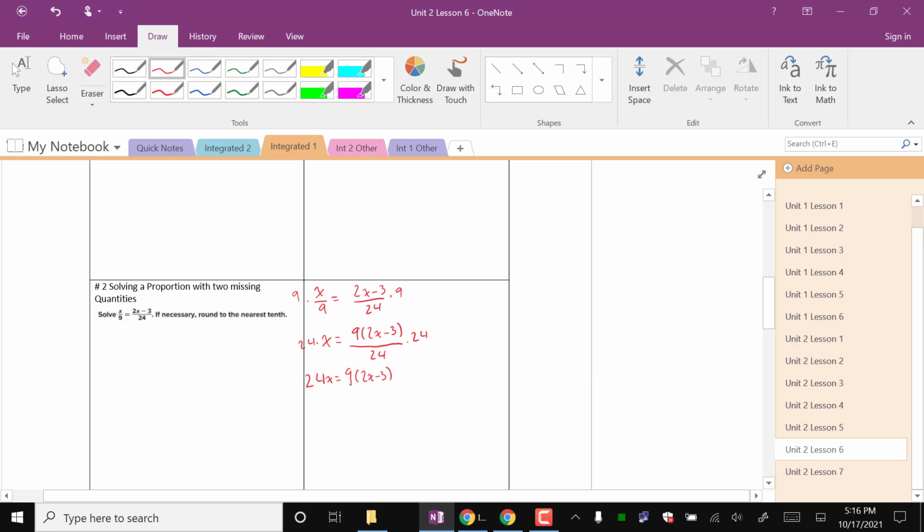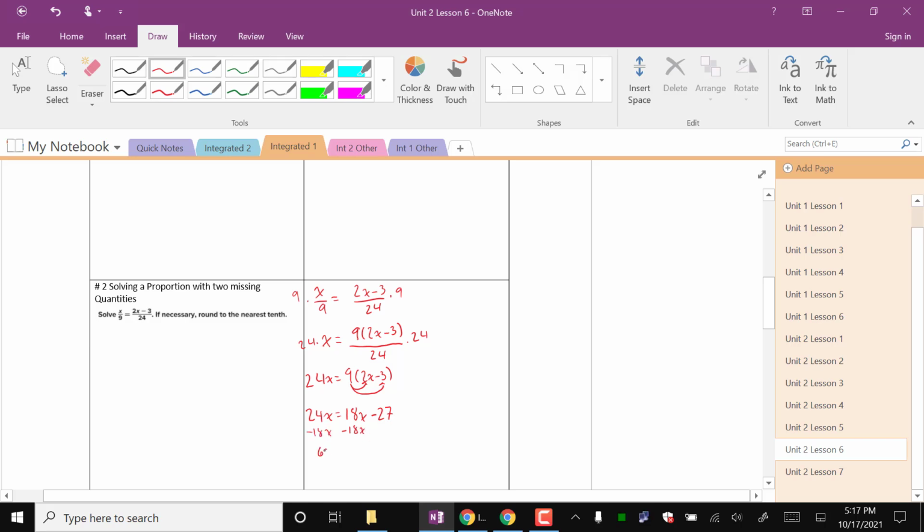So I want to distribute that 9. 9 goes to both the 2, and 9 goes to the negative 3. So that gives me 24x equals 9 times 2 is 18x, 9 times negative 3 is negative 27. So I'm going to get rid of the smaller x. In this case, the smaller x is the 18x. So subtract 18x from both sides.